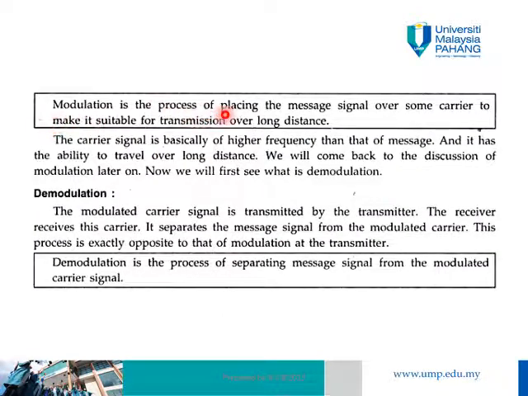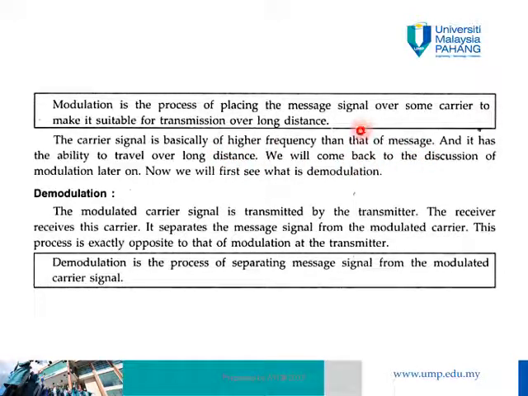Modulation is the process of placing the message signal, which is low frequency, over some carrier signal which is high frequency, to make it suitable for transmission over long distance. The carrier signal is basically higher frequency than that of message.